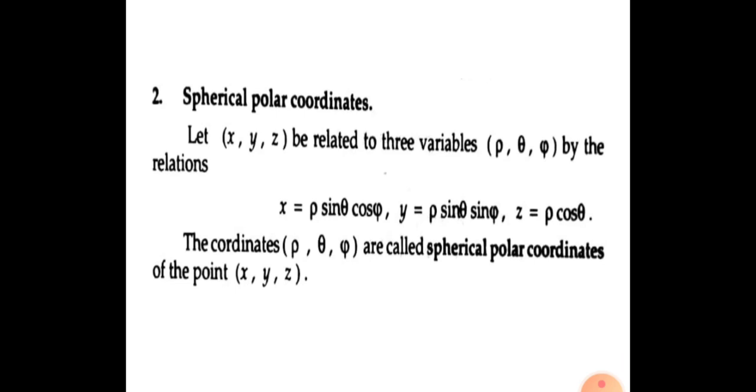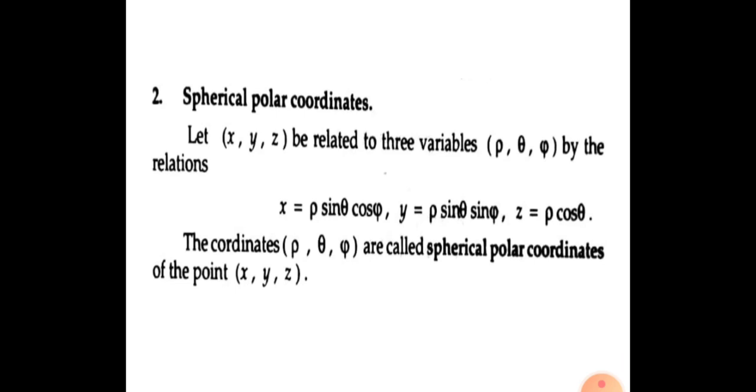That means in a triple integral, to change the Cartesian coordinates x, y, z, we should take the relations x is equal to rho sin theta cos phi, y is equal to rho sin theta sin phi, and z is equal to rho cos theta. So this Cartesian x, y, z into spherical coordinates we can denote by rho, theta, phi.